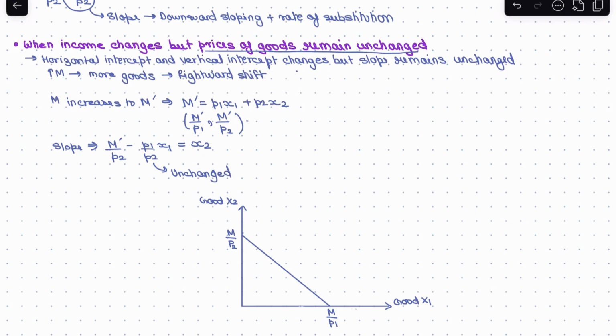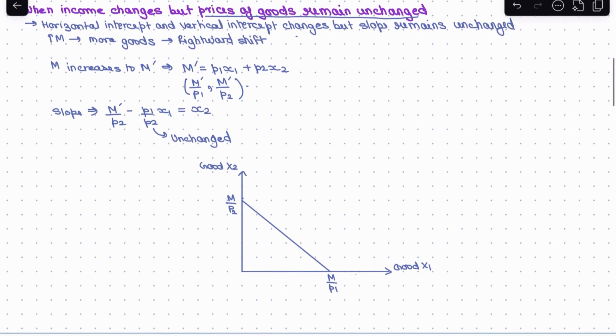Thus we have also mathematically proved that our budget line will shift outwards, and this shift would be parallel in nature. That is, the slopes of both the lines won't be changed, they will be the same. The inverse will hold true if income falls.